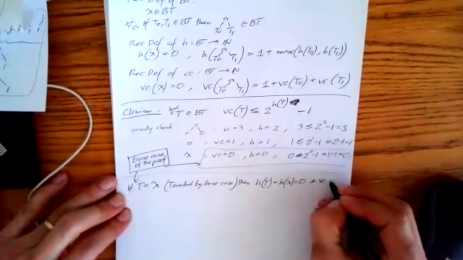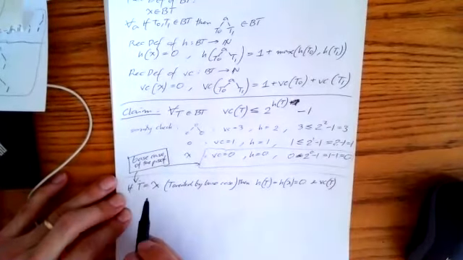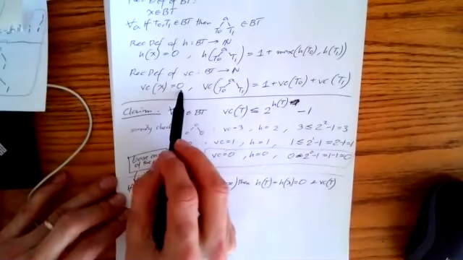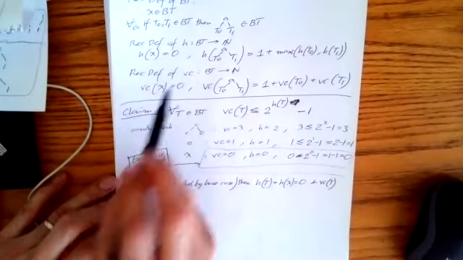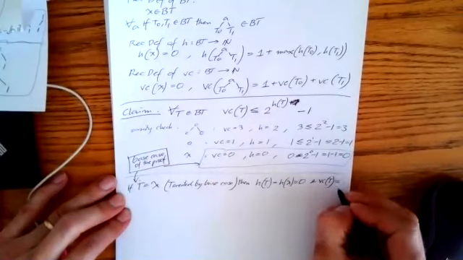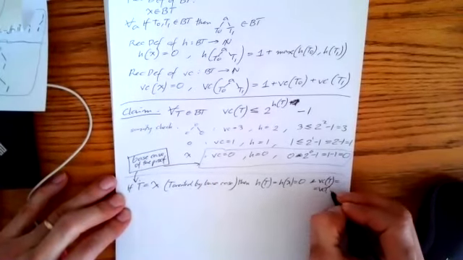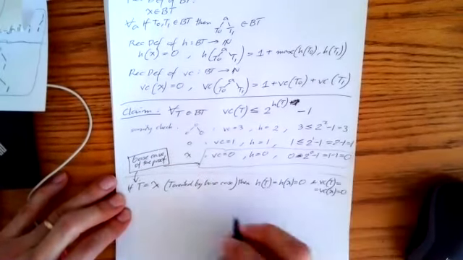And VC, the vertex count of this tree, is declared by the base case of the recursive definition of vertex count. So this is VC of the empty string, which was also declared to be 0.